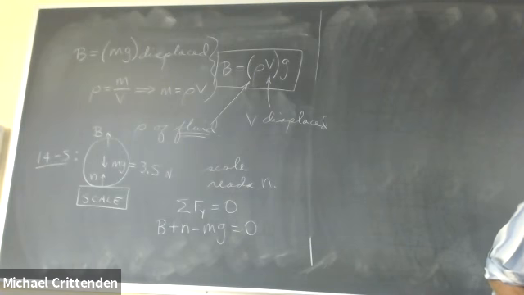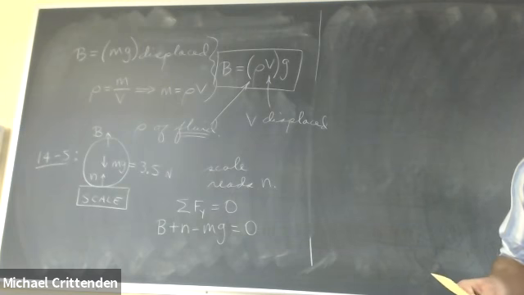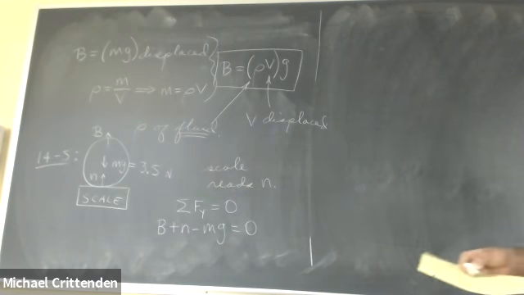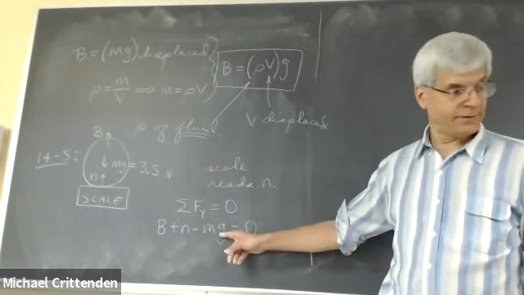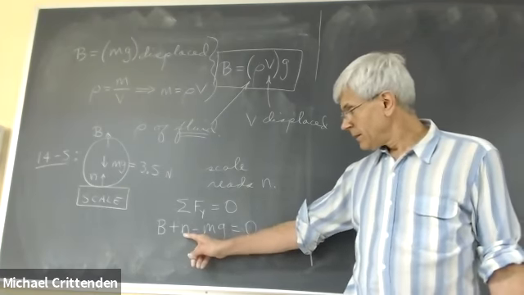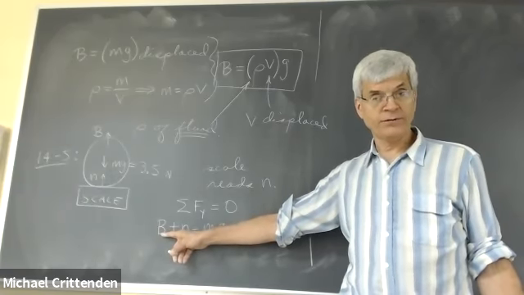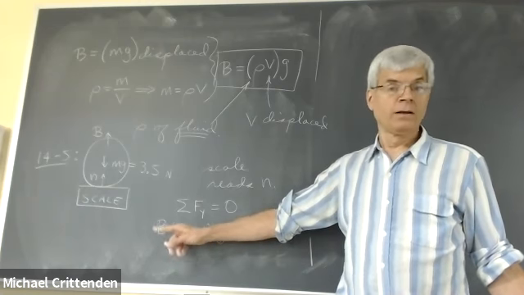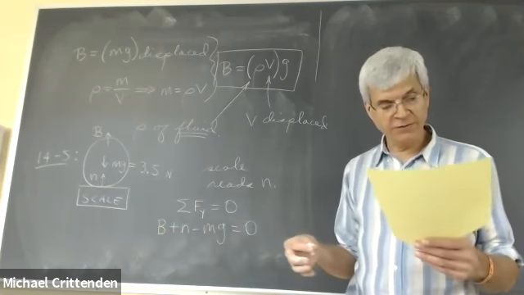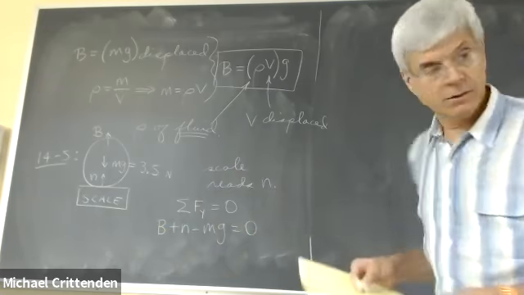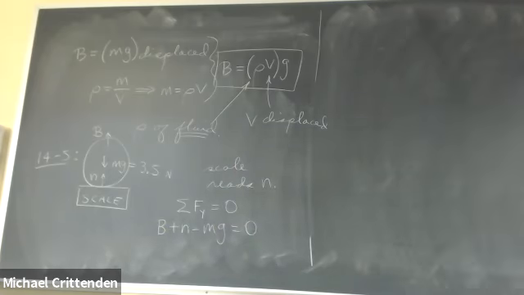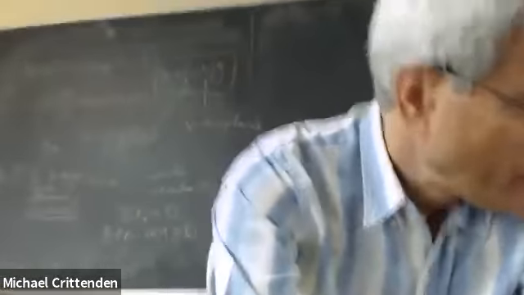Both the buoyant force and the normal force point upward, so they're positive, and the weight, mg, pulls downward. So I've got 3.5 to stick in here. This is what I'm looking for. If I had a number for the buoyant force, I'd be all set. So the main thing to this problem is to figure out the buoyant force, which I'll do over here.